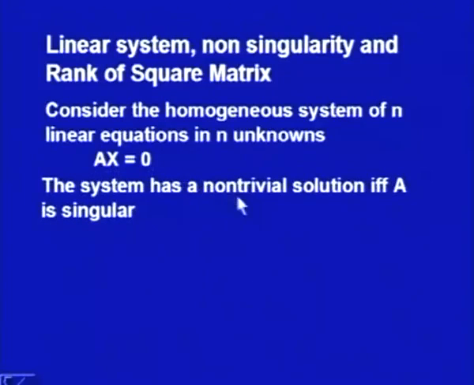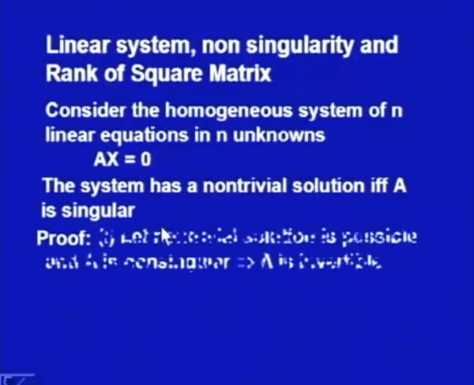Then the system has a non-trivial solution if and only if A is singular. This system will have the zero solution, because when x is equal to 0, A0 is equal to 0. But the question is when this will have a non-trivial solution. So we say the system will have a non-trivial solution if and only if A is singular, or determinant A is equal to 0.